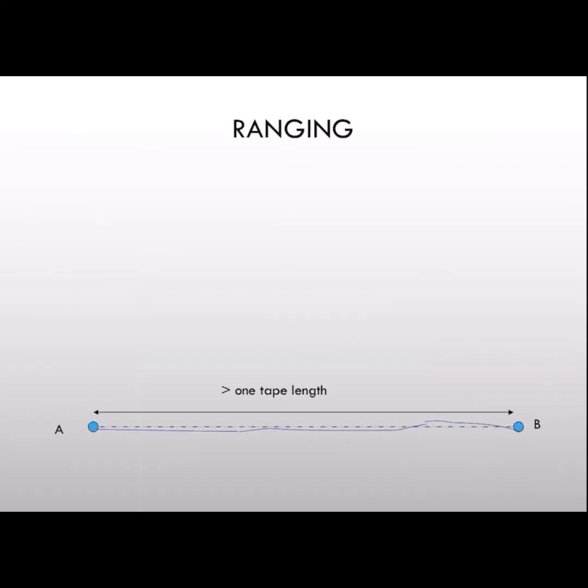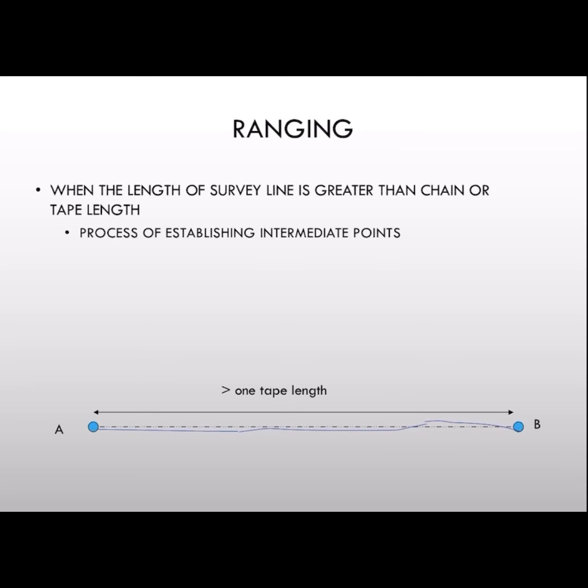Ranging is needed when the length of the survey line is greater than the chain or tape length. It is the process of establishing intermediate points, and its methods are direct ranging and indirect ranging.